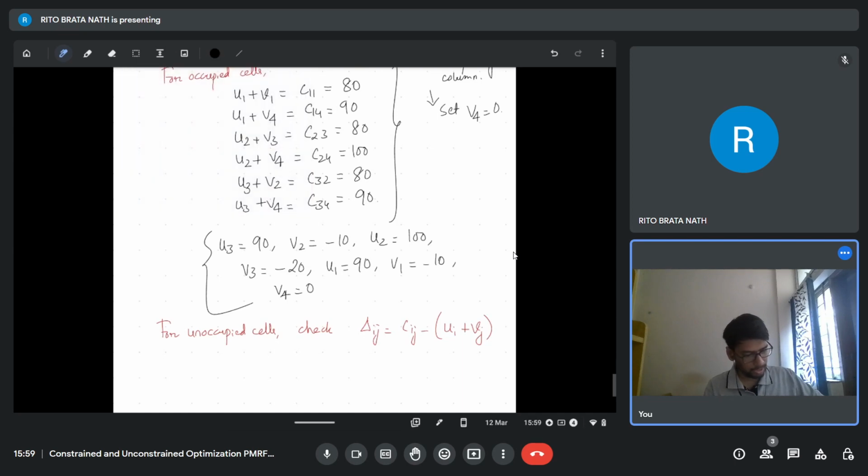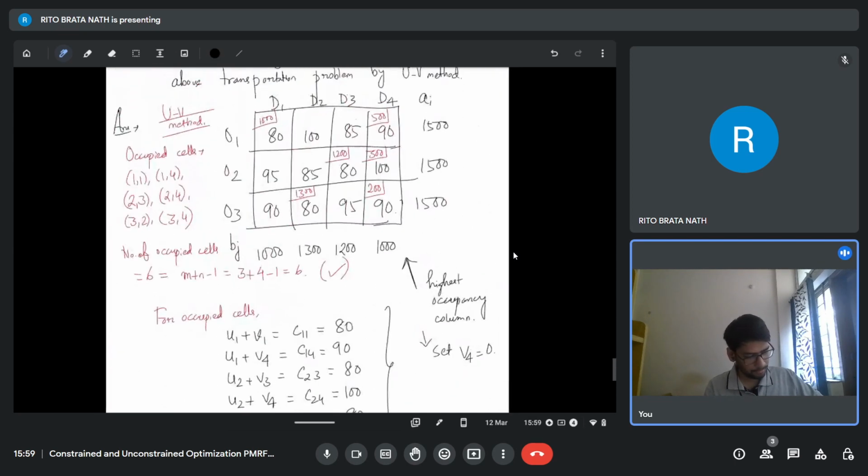Let me check that: delta 1 2, delta 1 3.